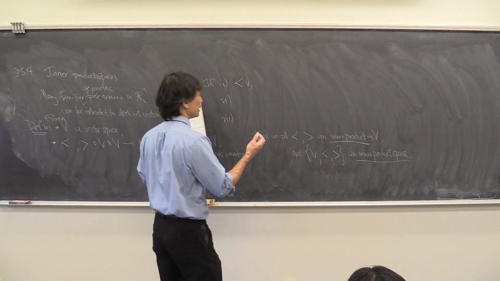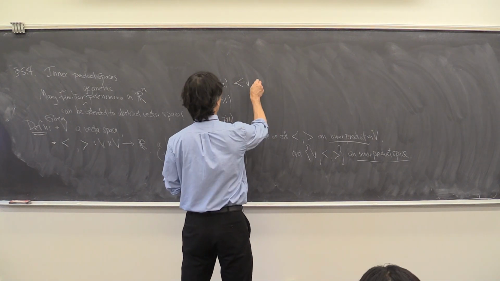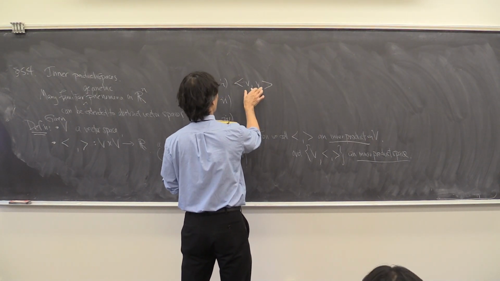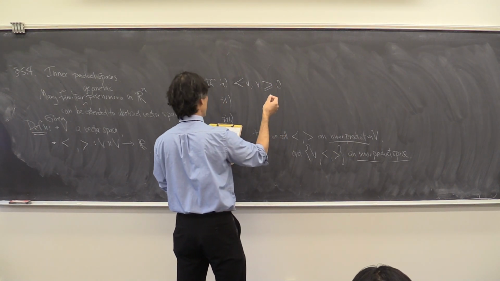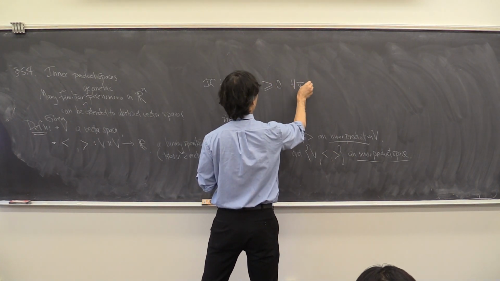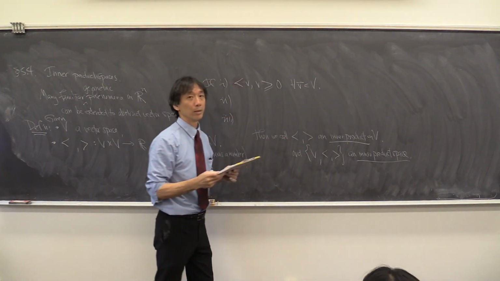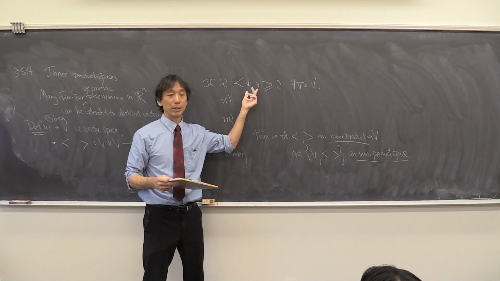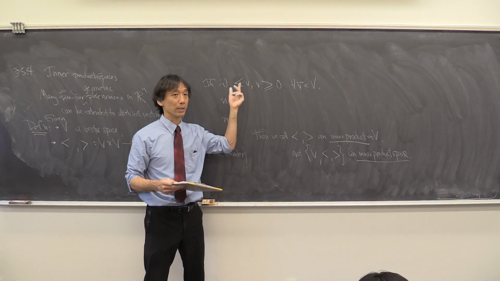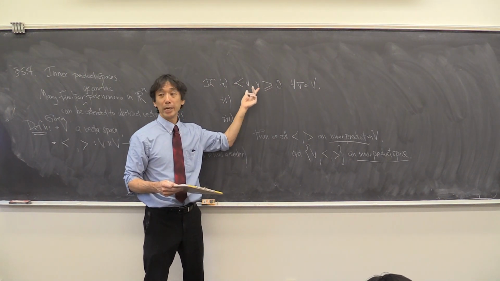Okay, and so the three things that you want are that, one, when you take the product of anything against itself, it's bigger than or equal to 0. That certainly happens with the dot product. When you take the dot product of something against itself, you get something that's non-negative.